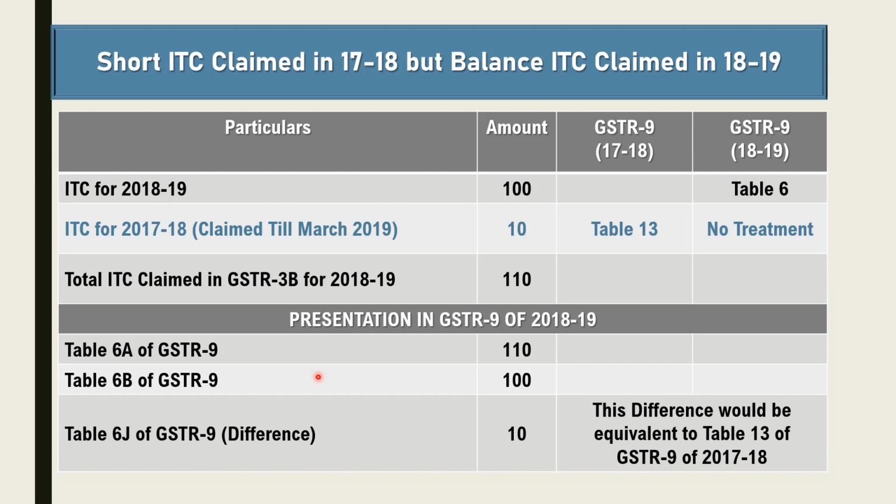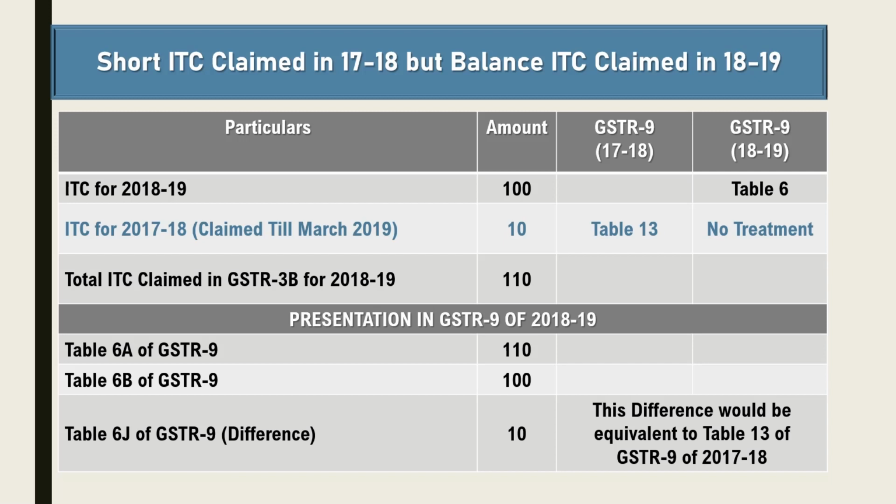So I would be reporting only 100 rupees in table 6B, and there would be a net difference of 10 rupees in table 6J. This difference of 10 rupees could easily be explained with my reporting in table 13 of GSTR 9 of 1718. There would be a difference of 10 rupees, but that would be equivalent to the figure reported in table 13 of GSTR 9 of 1718.